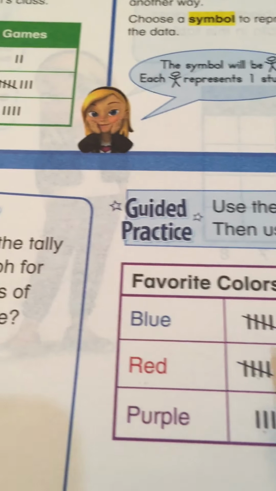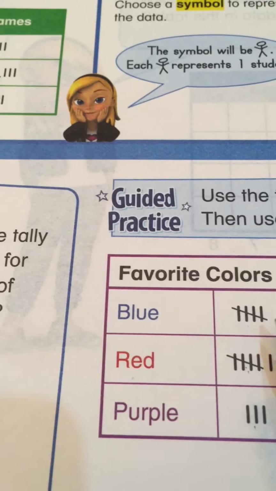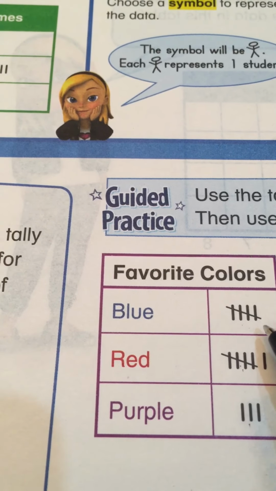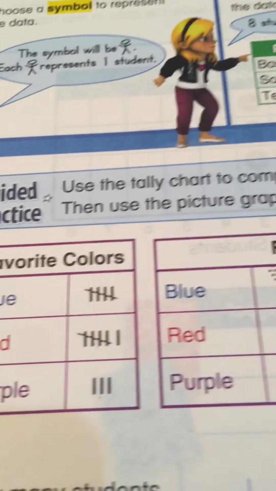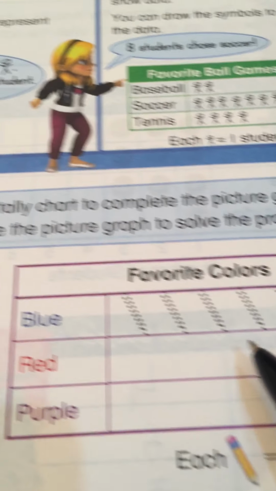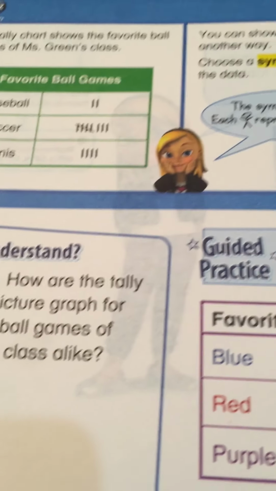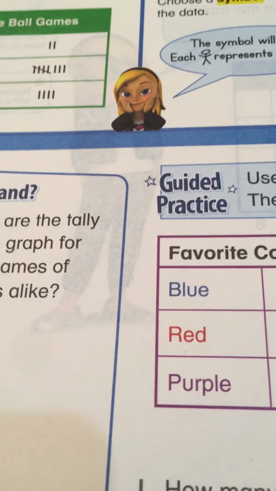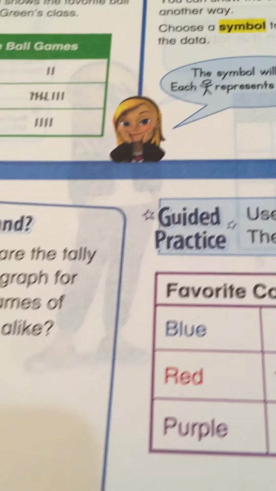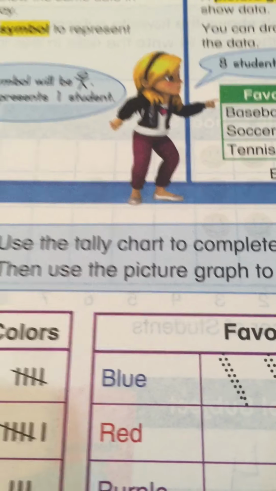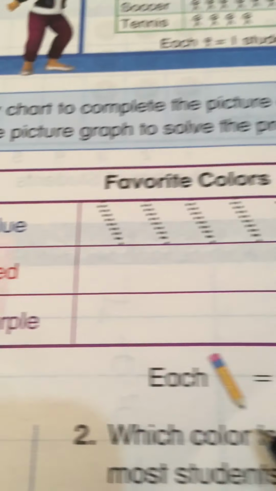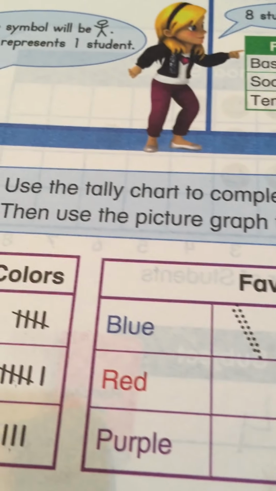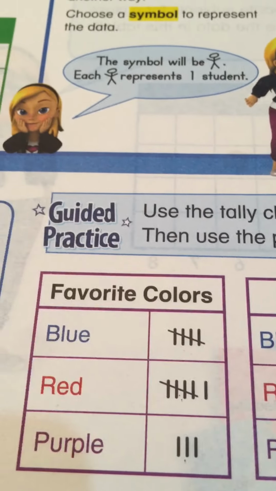Some people like blue, some people like red, and some people like purple. So each one represents a number here. If you look at the blue, how many students like blue? Let's do the graph first. Instead of the tally, we will use this pencil to show one vote.